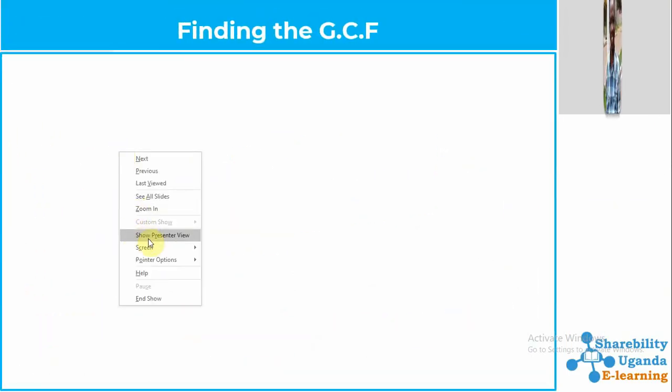Let me get a pen tool here. Okay, our part B, we have 6 and 12.